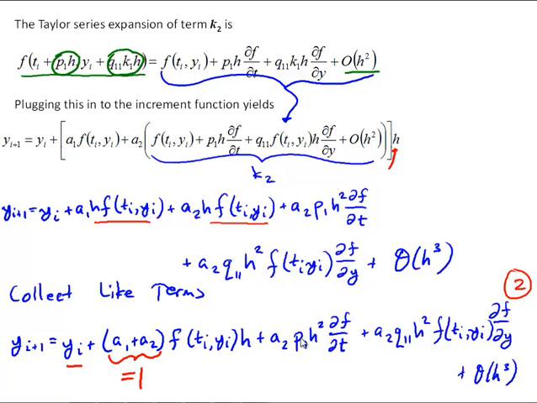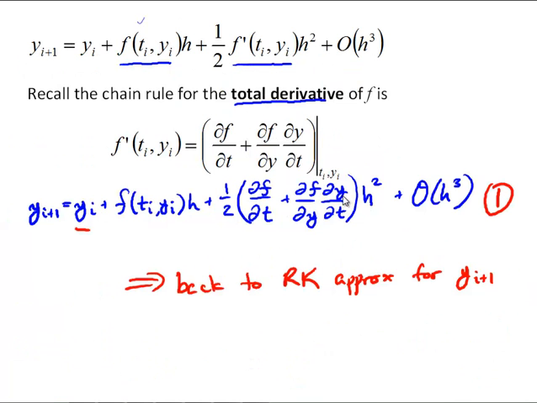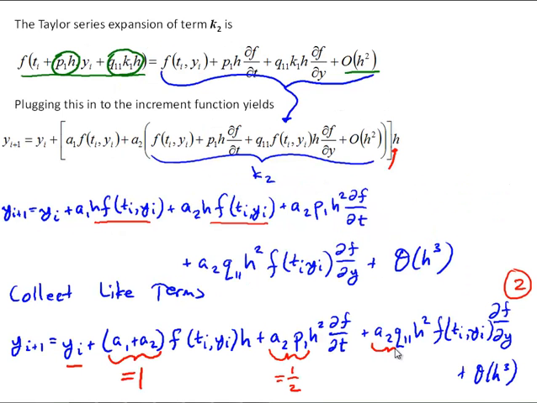So this tells us that a2 times p1 has to equal 1/2. Now we can look at our df dy term. And coming back here, we have df dy times dy dt times h squared. But recall dy dt is f of ti yi. So that's just like the other term, and again we see it's 1/2 times df dy times f times h squared. So again, a2 times q11 times h squared times f times df dy. So a2 times q11 also has to equal 1/2. That gives us now 3 equations for our 4 unknowns.